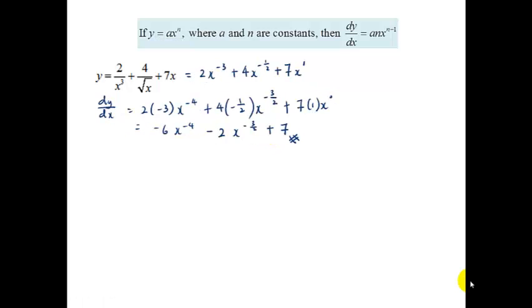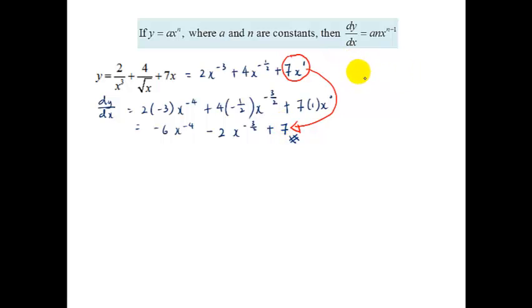Now, I would like to point your attention to the differentiation of the term 7x. You notice that 7x will differentiate to 7. So, a quick and dirty way to differentiate a term where x is powered 1 is simply to eliminate the x term totally and just be left with the coefficient.